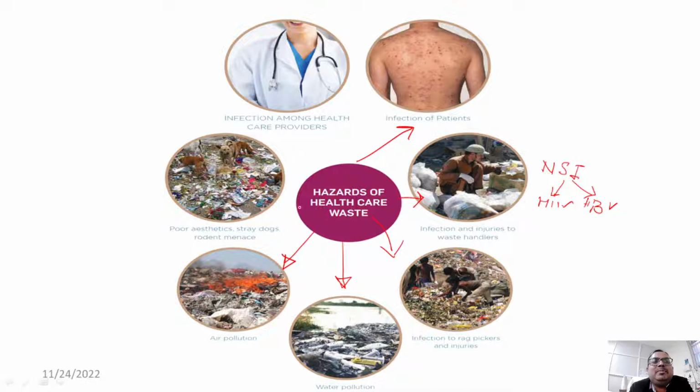At the same time, there are hazards to the animals, the rodents or other insects, where they can accidentally eat those waste, get infected, and finally lead to the infection of human beings. Then the hazard, of course, of these biomedical waste is to the healthcare provider also.